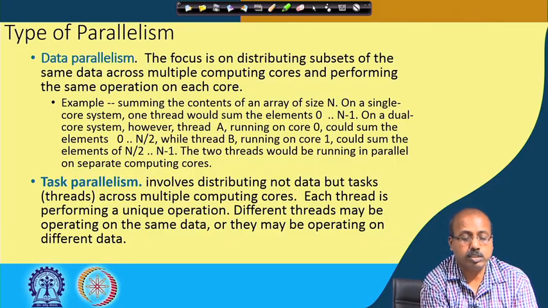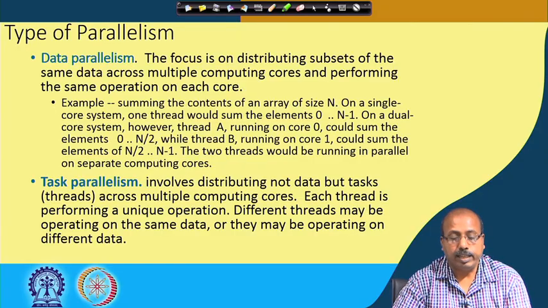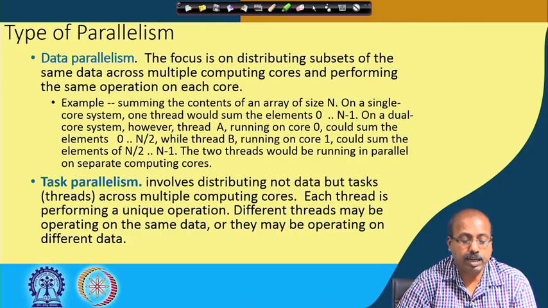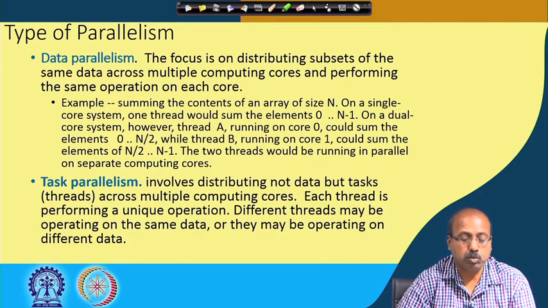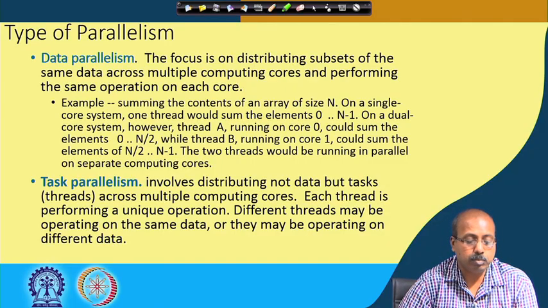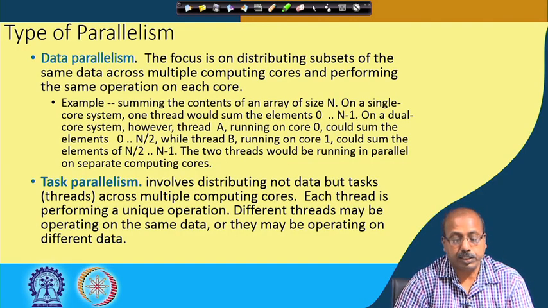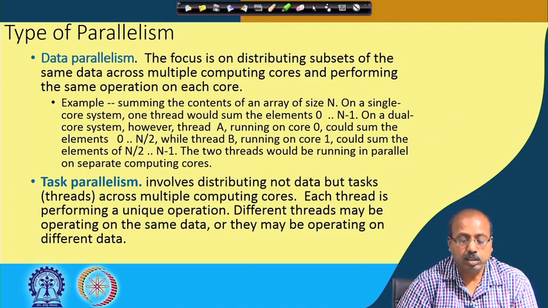On a dual core system we can have thread A running on core 0 that could sum 0 to n by 2, while thread B running on core 1 could sum n by 2 to n minus 1, and then after that I can add these two partial sums again using maybe core A or core B, either of them. The two threads would be running in parallel on separate computing cores.